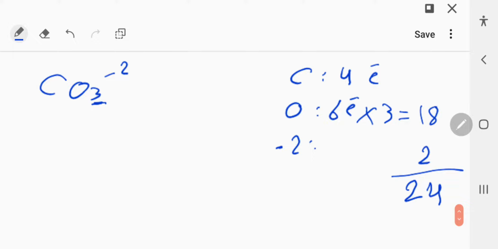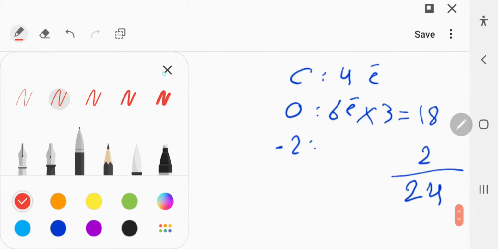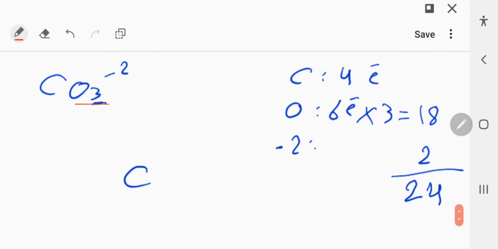Second step: when we have carbon, then carbon must be the central atom. If we don't have carbon, then we go to the less electronegative element or atom and consider it the central atom. So carbon will be the central atom, and we distribute the 3 oxygen atoms around carbon, O, O, O, and we put one bond on each side.